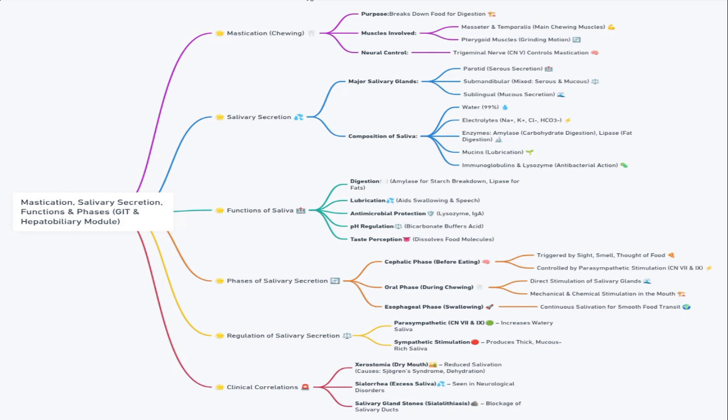Human saliva is always hypotonic, and salivary potassium is always greater than plasma potassium. It's alkaline too.